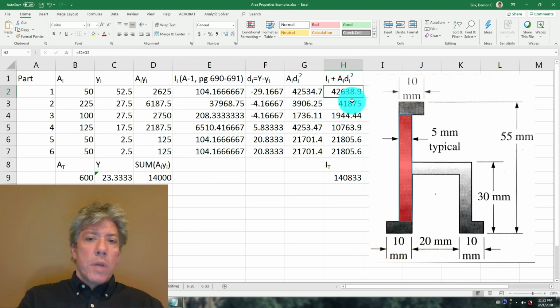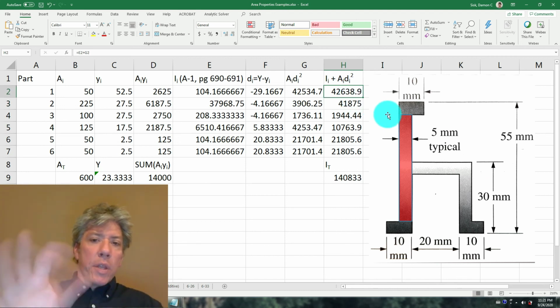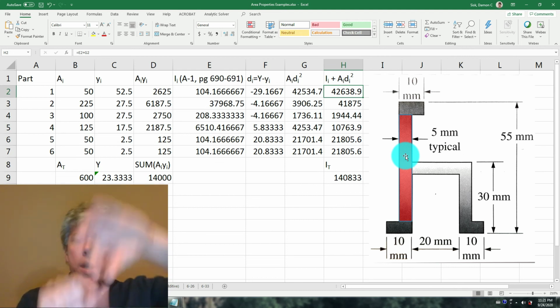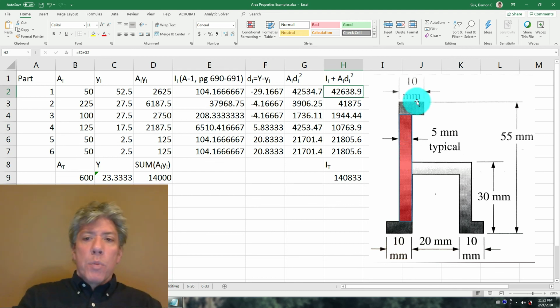See, so these two numbers are pretty close together. They're both on the order of 42,000 or so. And so the reason is because there's so much more axis offset in the smaller area, very little axis offset in the larger area, but the larger area has area distributed away from its centroid much more so than the smaller area has. So that's how all of this works.